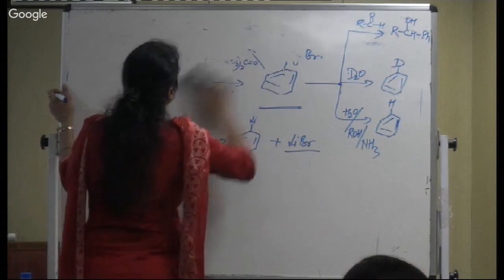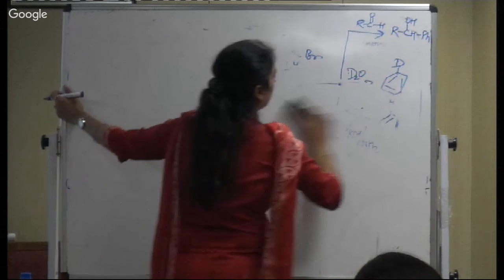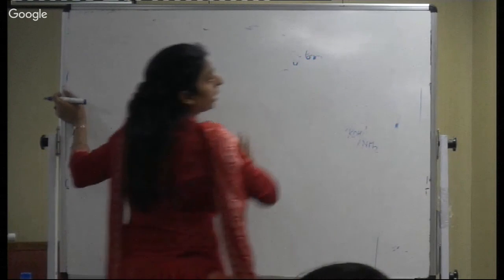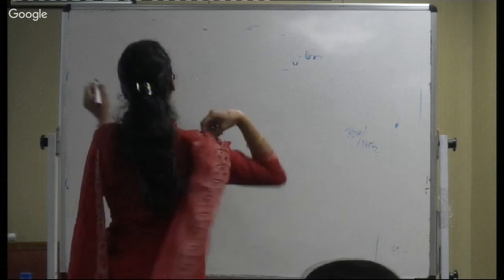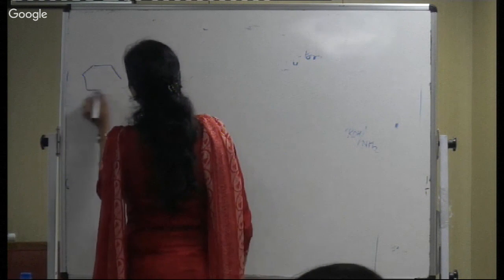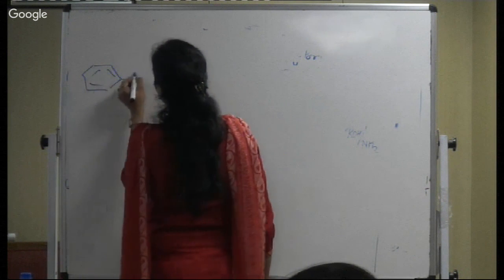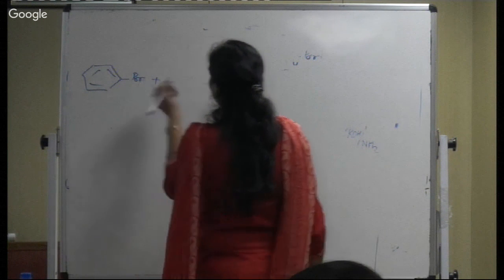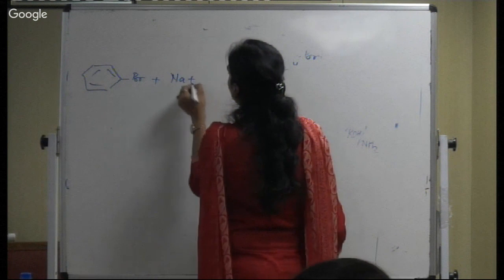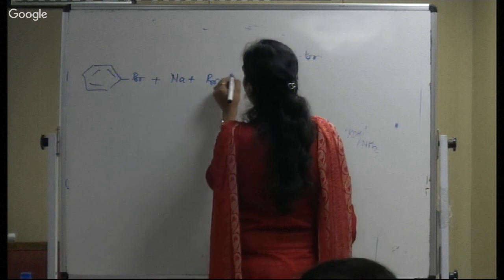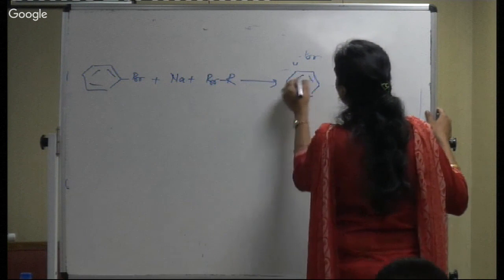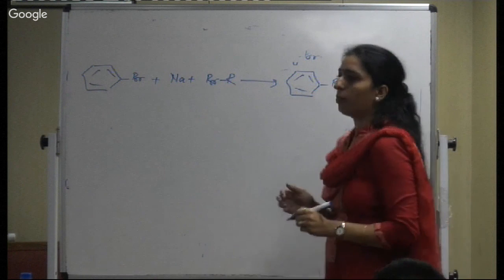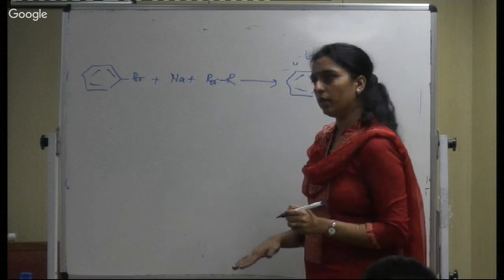The last topic is some miscellaneous reactions. One is Wurtz-Fittig reaction. If you treat any RX with sodium, so if we ask you to prepare ethylbenzene from bromobenzene, you can use it.